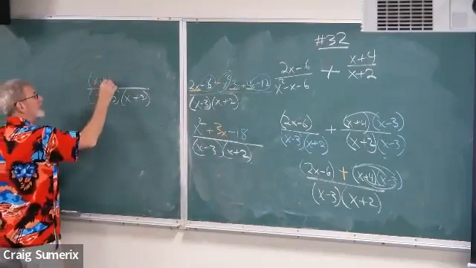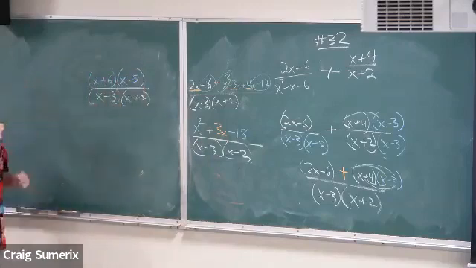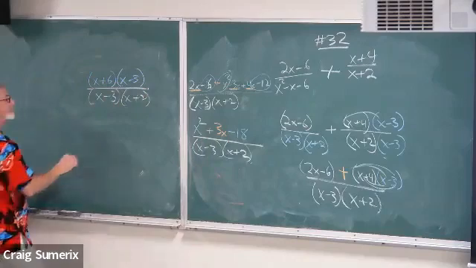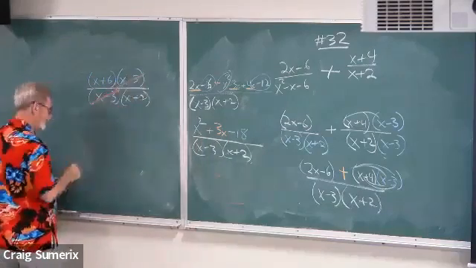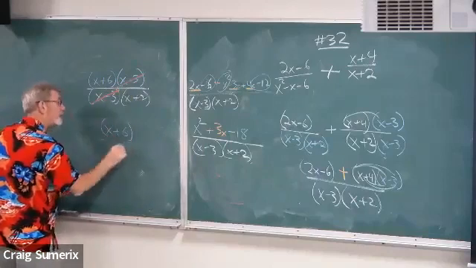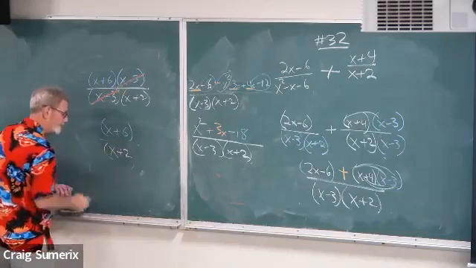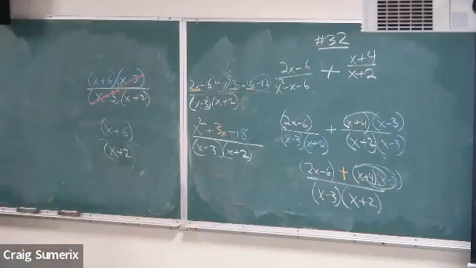Right, x plus 6 and x minus 3. Now you see why I didn't mess with the bottom? Have I got anything that cancels? Yeah, x minus 3. x plus 6 on the top, x plus 2 on the bottom. Does that reduce? No.